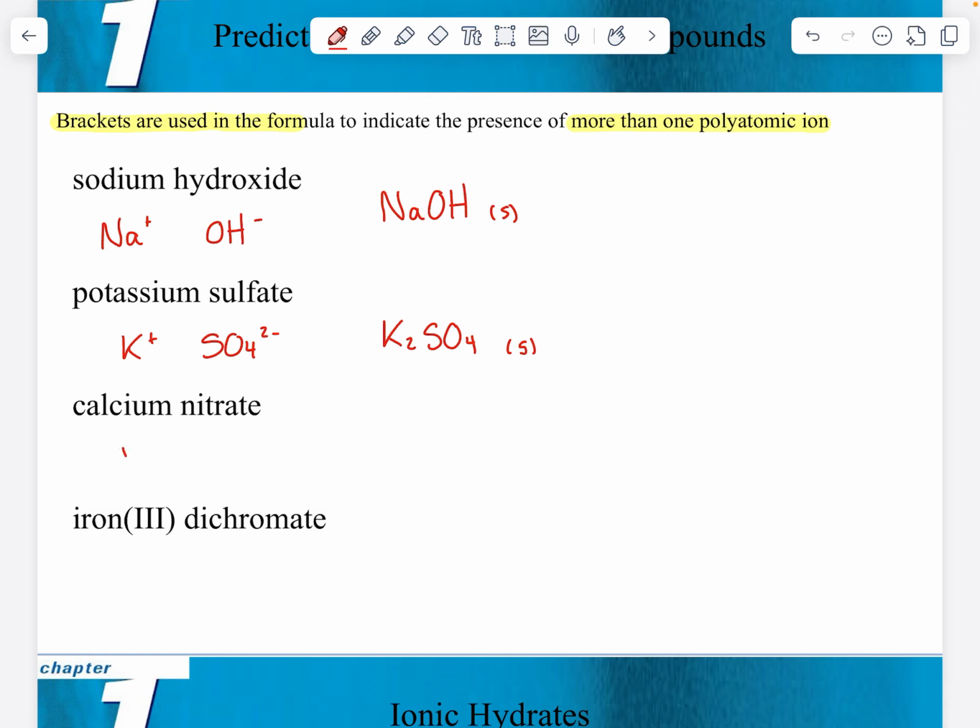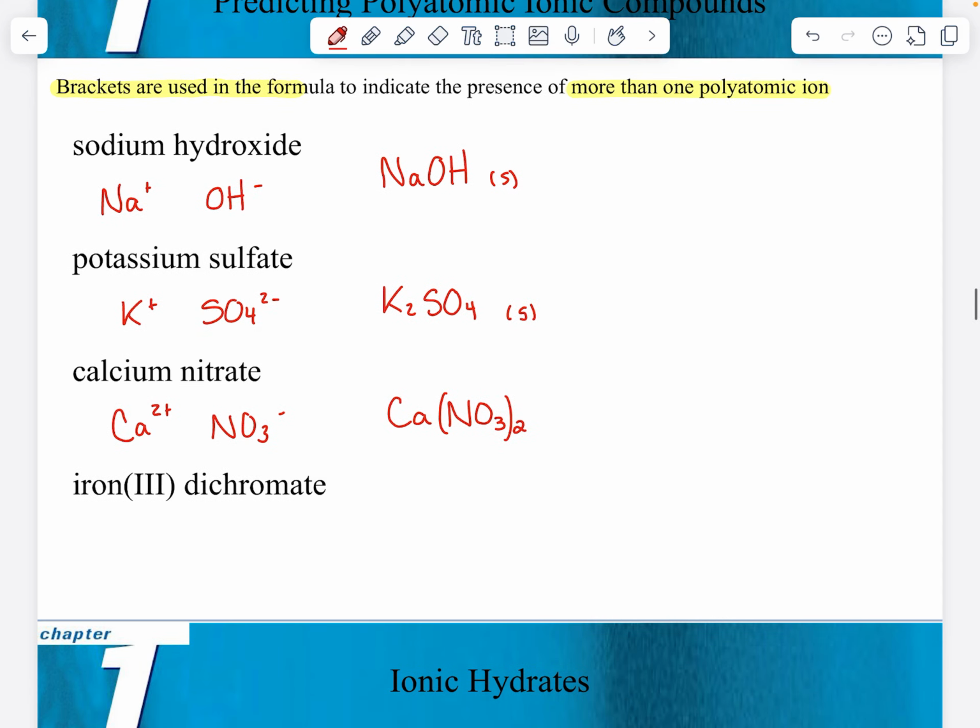Calcium nitrate. So calcium is Ca2 plus and nitrate is NO3 negative. So in this case, I need 2 nitrates. And if we go just like this, and I put the 2 out there, it looks like you have 32 oxygens. And that's not what we want. We need 2 of those packages, or 2 of those NO3s. And that's when we need to put the bracket around it to say that we have 2 of those packages.